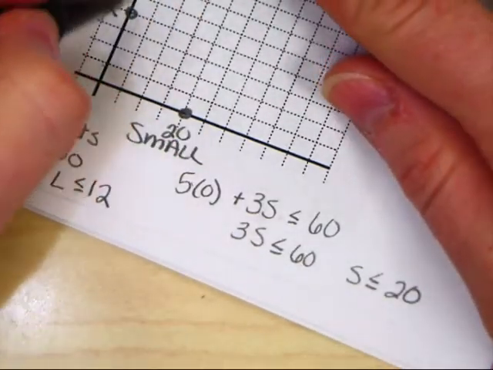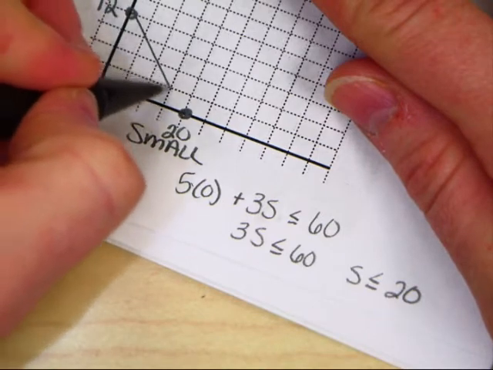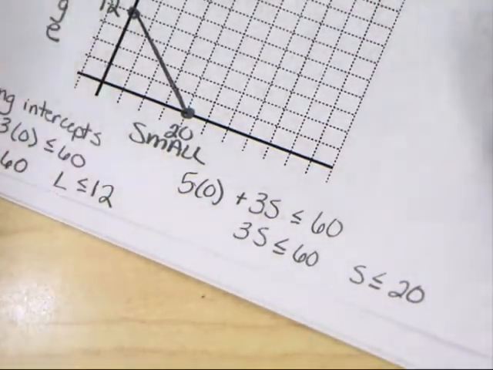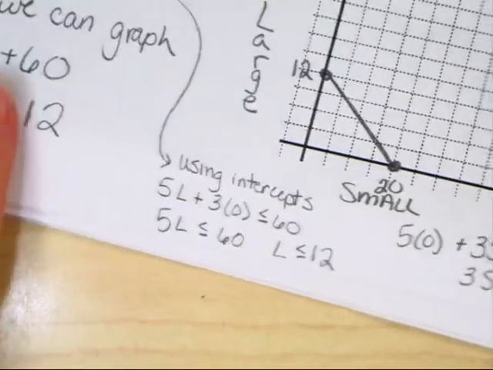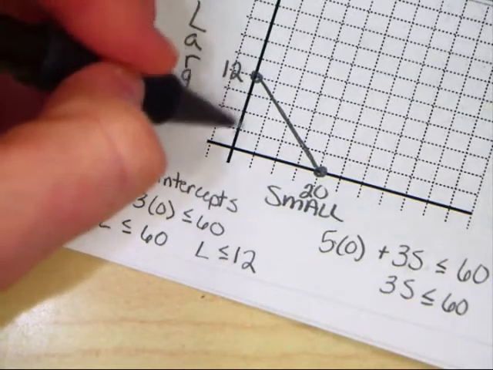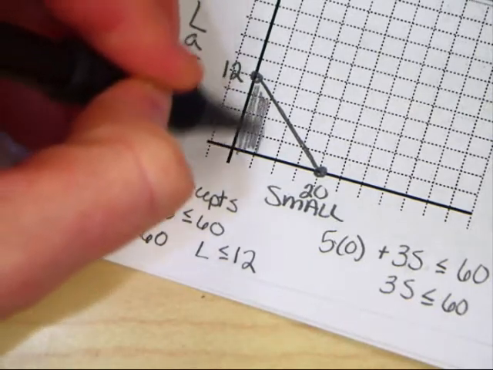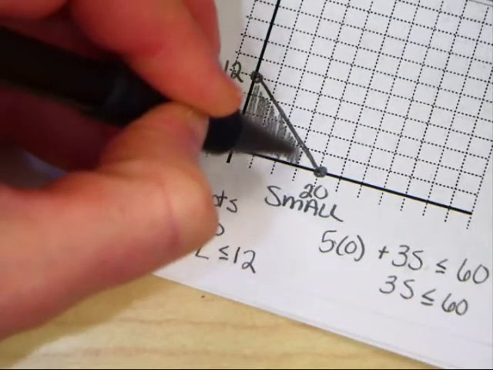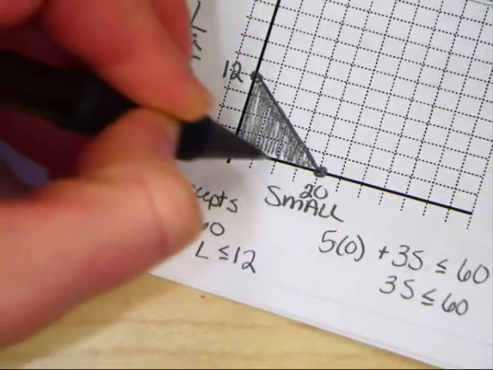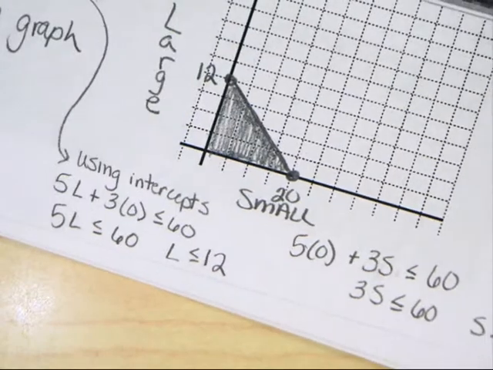If I connect my points, I use a solid line because it is equal to, and I noticed that it is less than this line because I can't spend more than 60 tickets. Everything in this shaded area, I'm not going to go into the negatives because you can't ride a negative ride. Everything in this shaded area is an answer.